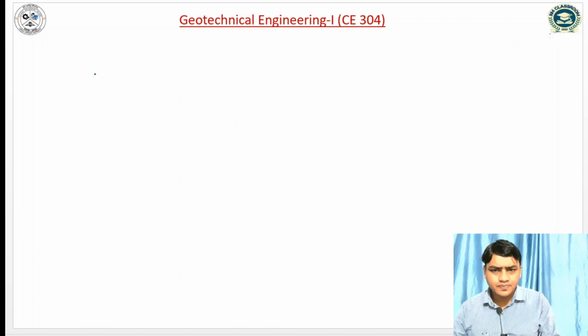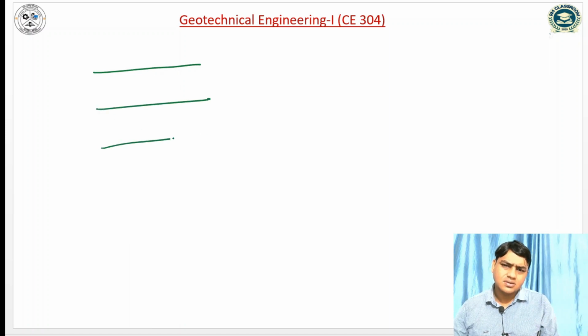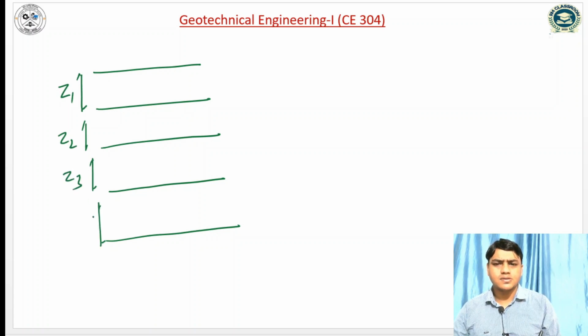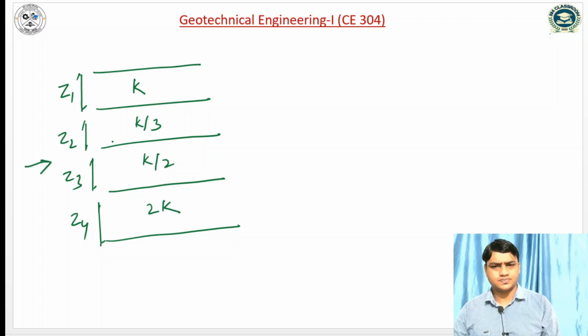So let us assume this is our case: first layer, second layer, third layer and fourth layer. Each layer has the same thickness. Let us assume this is Z1, Z2, Z3, Z4, and let us assume the permeability of the first layer is K. So the second layer is K by 3, then K by 2 and 2K, and the flow is in the horizontal direction.